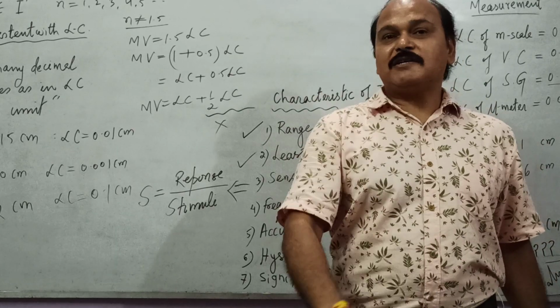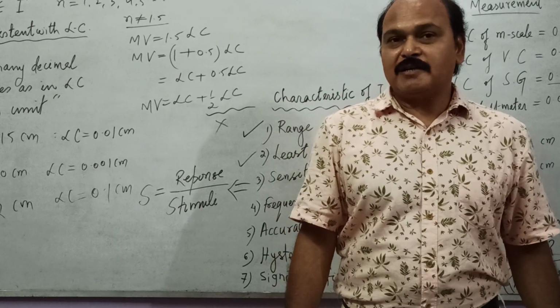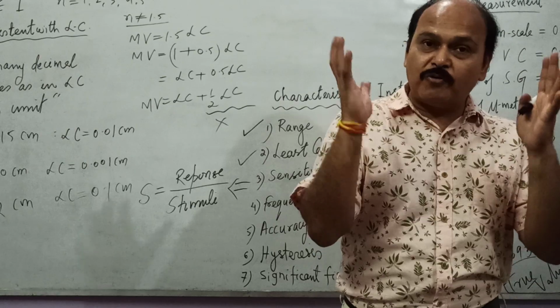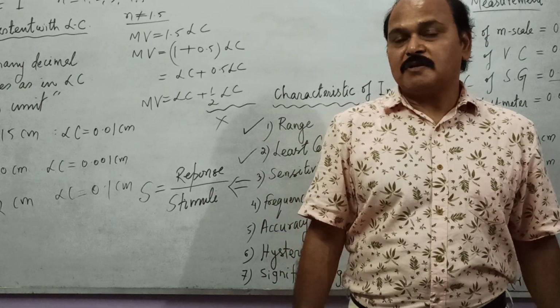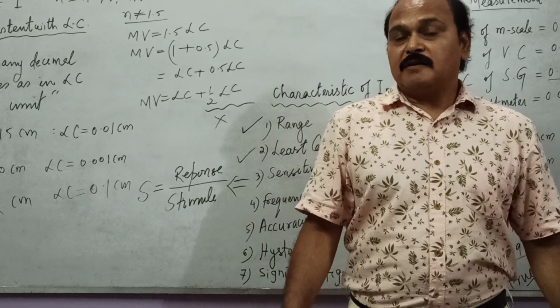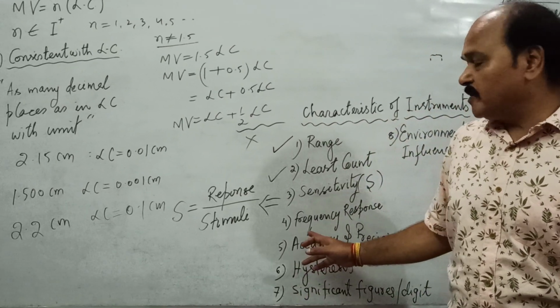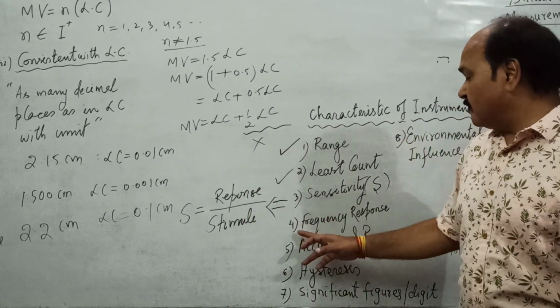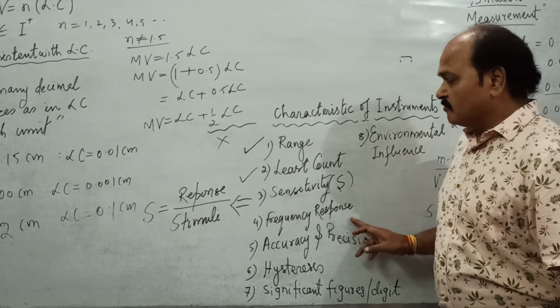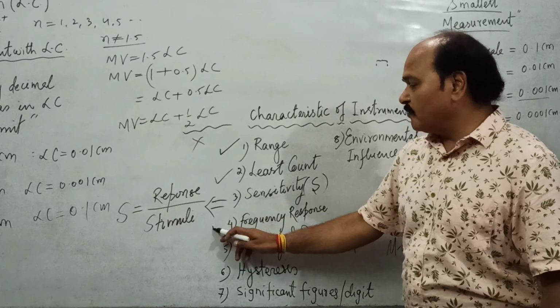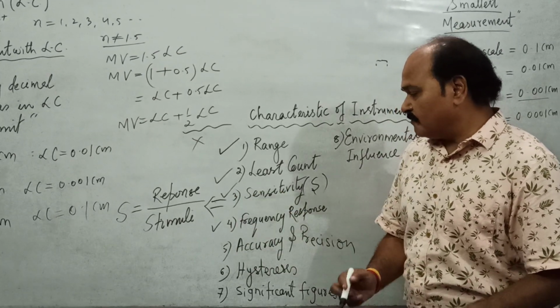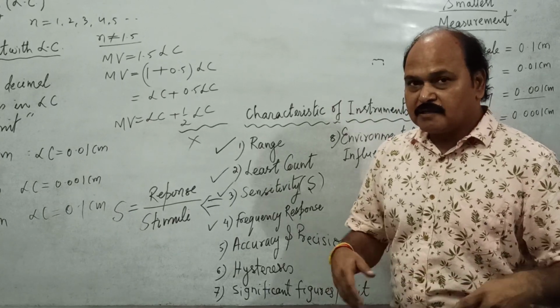The longer a device takes to measure a physical quantity, the poorer is its frequency response, and the faster the recording done by an instrument, the greater is its frequency response. So we have discussed till now 4 physical quantities. The other 4 we'll discuss in the next class.